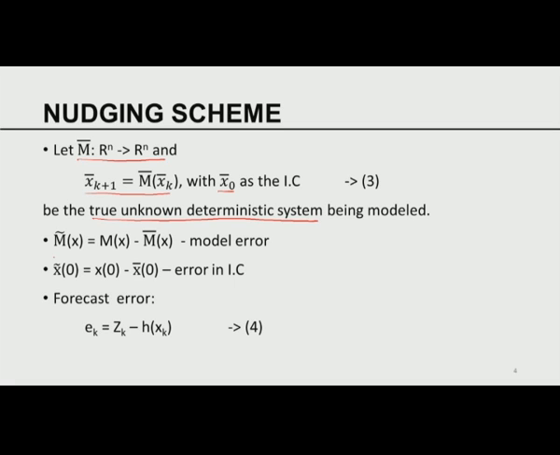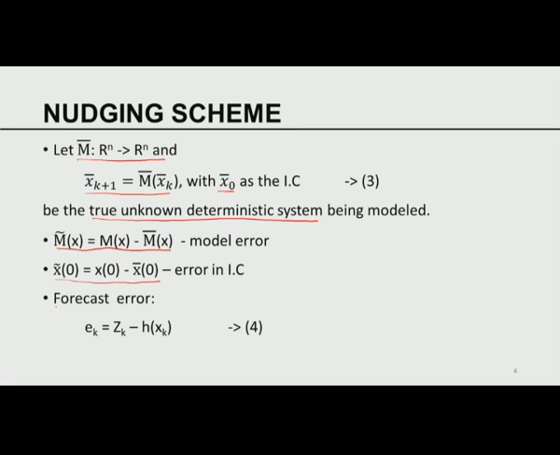So I am now going to consider a generalization of the nudging scheme where I am going to think that the model may or may not be perfect. So let M tilde of x be the model error. M tilde of x is equal to M of x minus M bar of x, that is the model error. x tilde_0 is equal to x_0 minus x bar_0, the error in the initial condition.